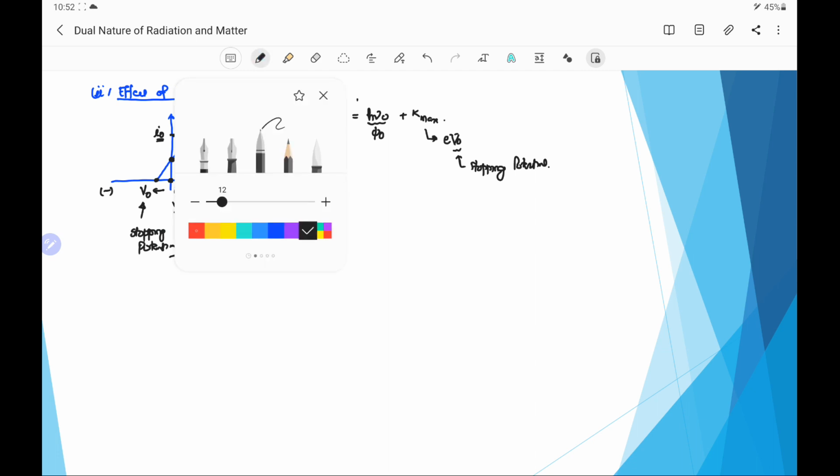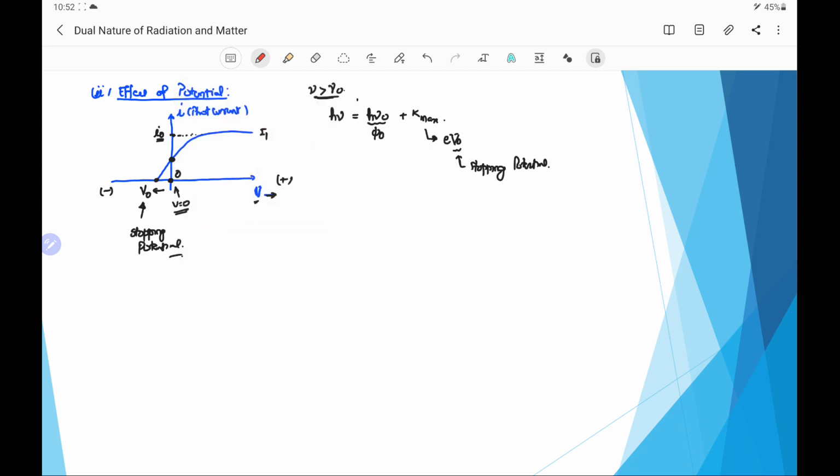Now for the same metal surface, if we increase the intensity of the incident radiation, the graph will be like this. This has the intensity I2. Here this I2 is greater than I1.